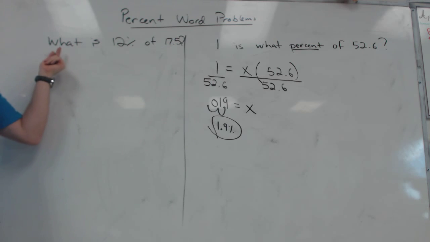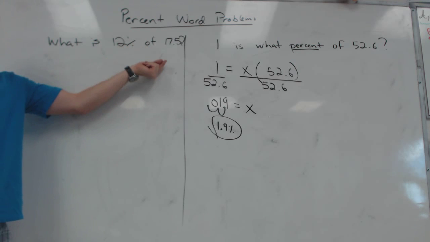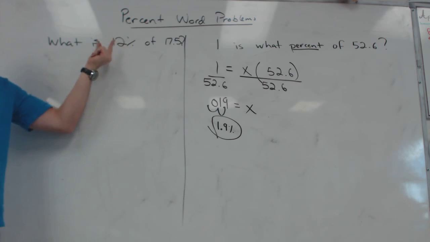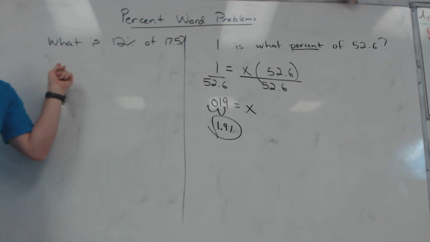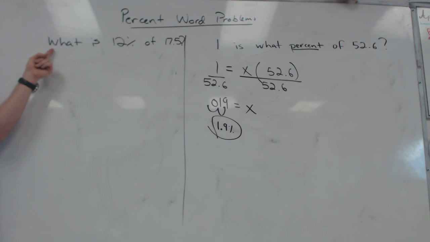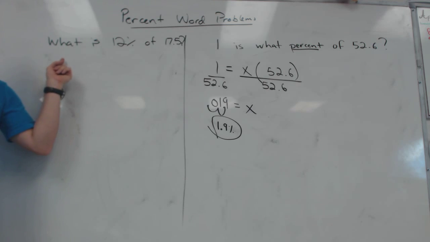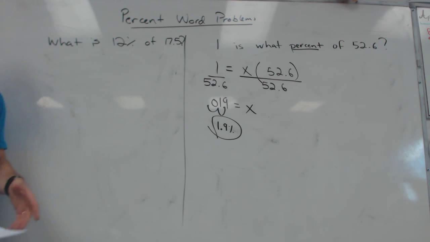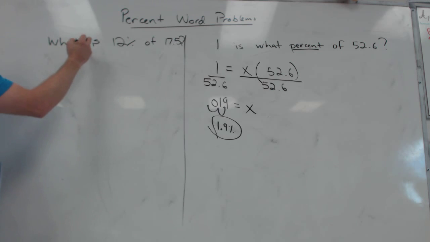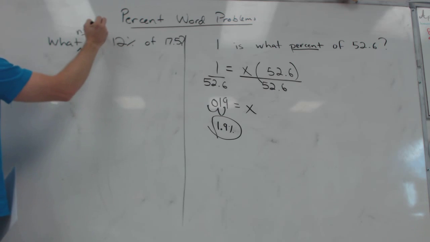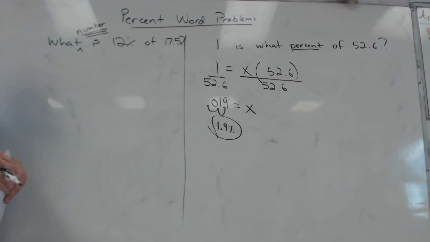If they asked us what percent is 12% of 17.5, we'd have the answer already, 12%. So we know we're looking for a number. I would almost rephrase this on my paper. You could even write, what number? And that'll help us remember at the end, we're looking for a number.